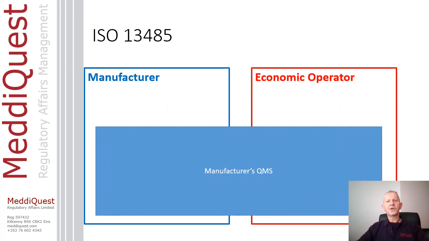One way of dealing with this under the MDR is going to be to extend the manufacturer's QMS into the economic operator. So if the manufacturer owns the economic operator, their EUAR or their importer or their distributor is a wholly owned subsidiary within Europe, then this is a very sensible and very logical way of doing it.